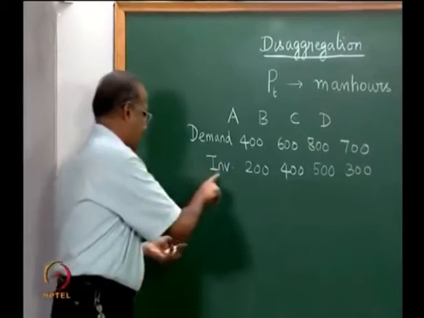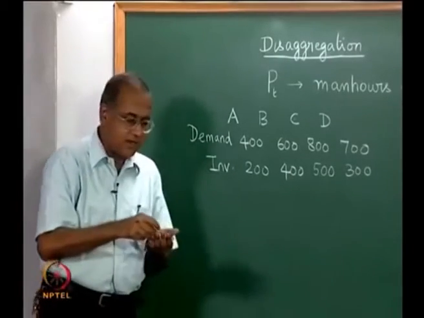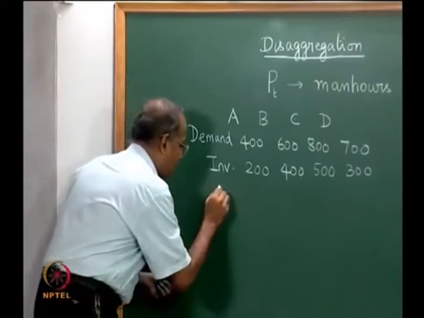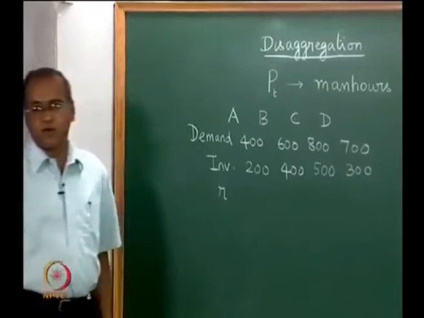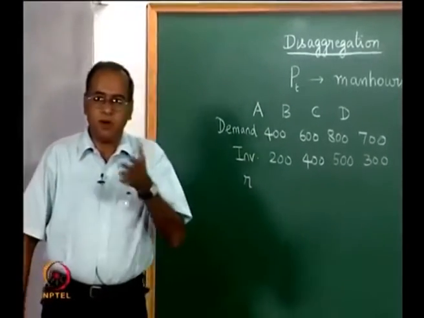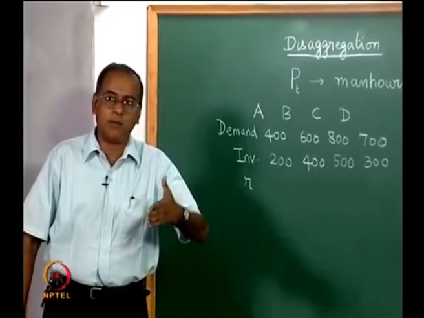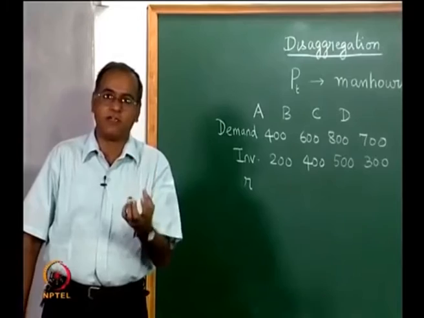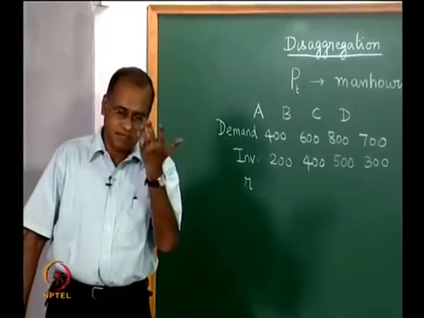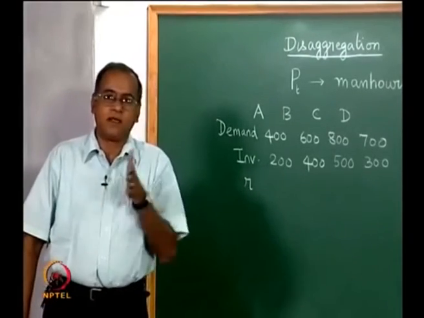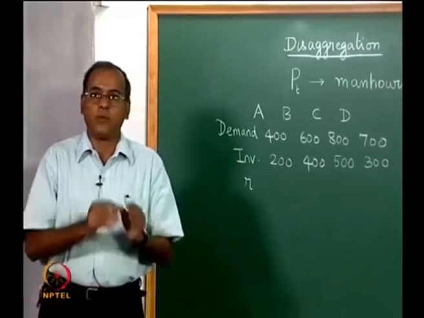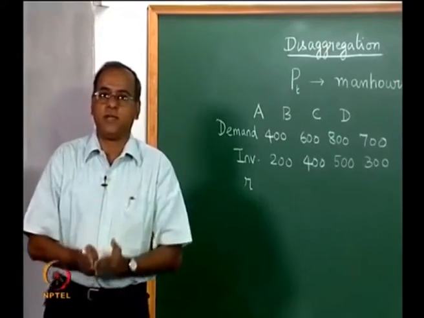Now using this inventory I, we define a ratio called R, and this ratio tells us the amount of time buffer that we have. The inventory is now made into a time buffer, it is already in time units, but then R is represented as so many months of inventory that we actually have.